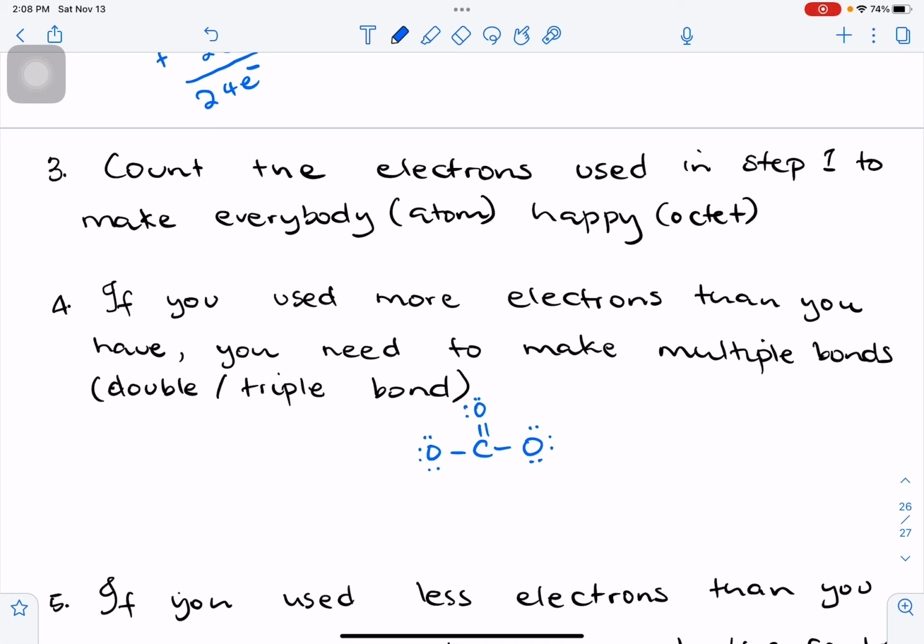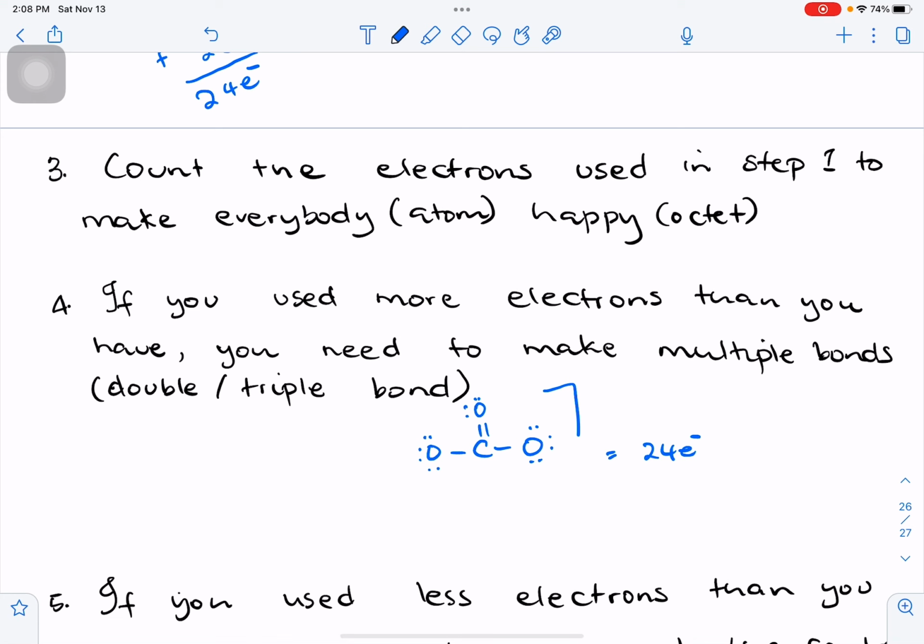And when I count now, the number of electrons I have is 24. So that means that I've drawn a structure that has everybody's octet, and it has used exactly the number of electrons that I have.